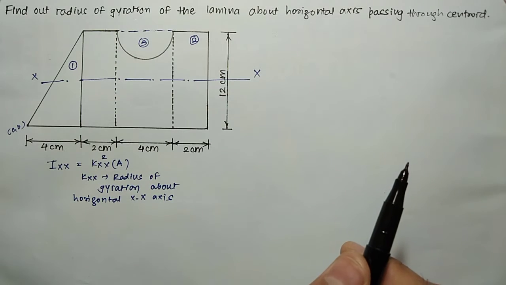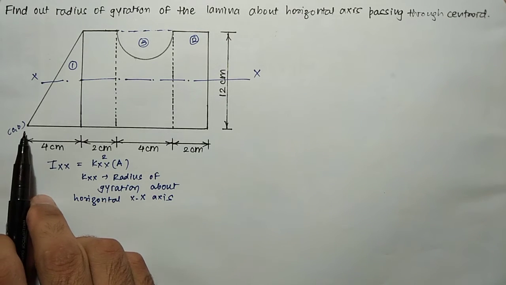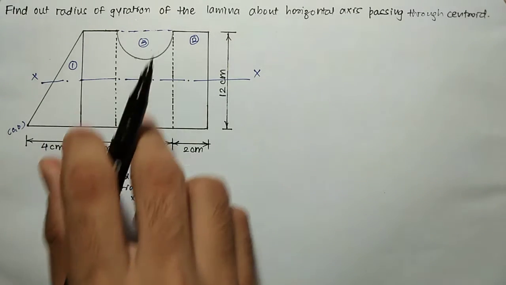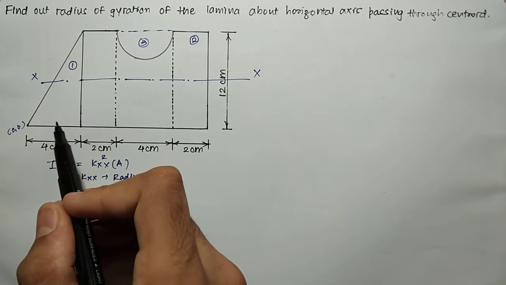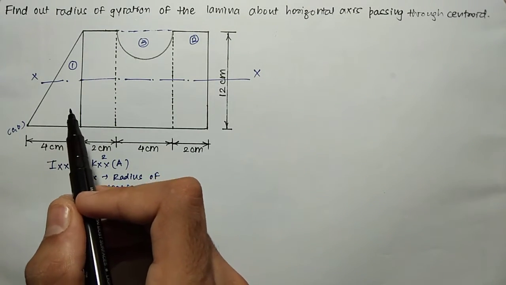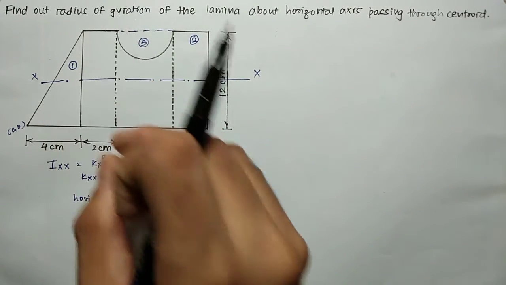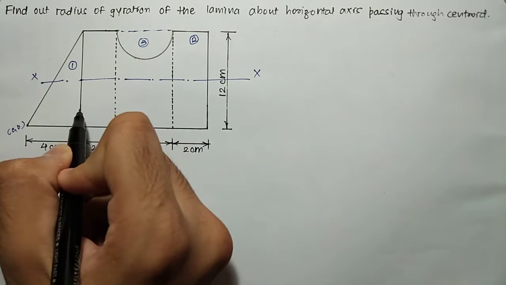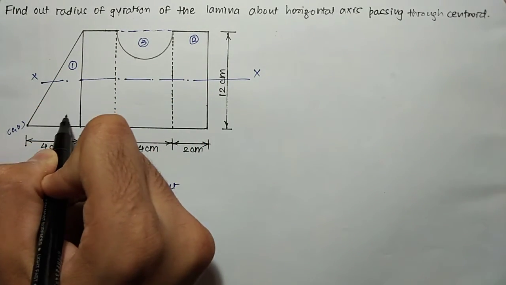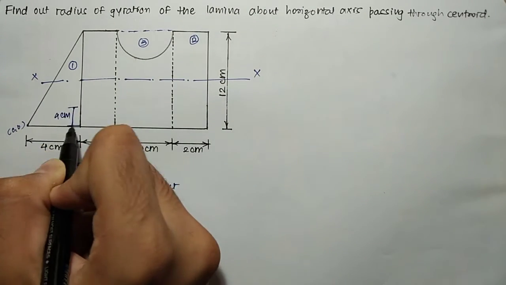Now we need to locate the centroid with respect to the origin, but before that let us locate the centroid of the standard figures. For the triangular region, the centroid would be lying at a distance of 12 by 3 from this end, that is 4 cm from this end.